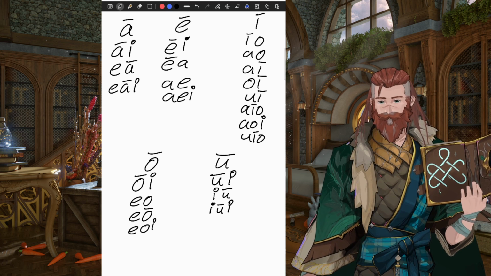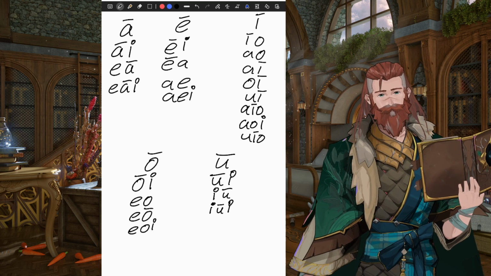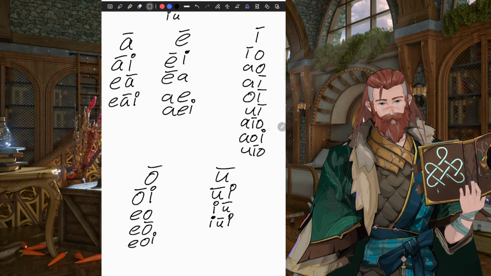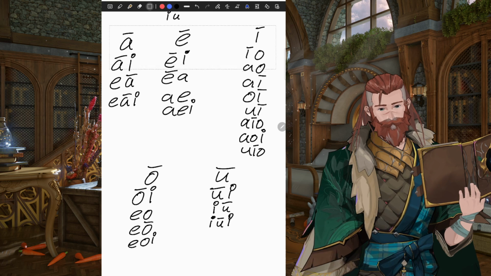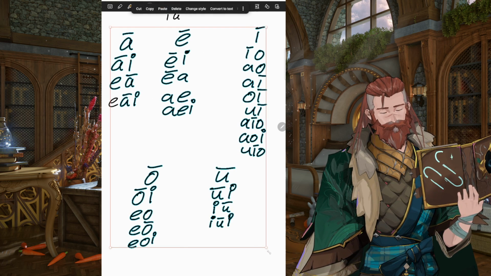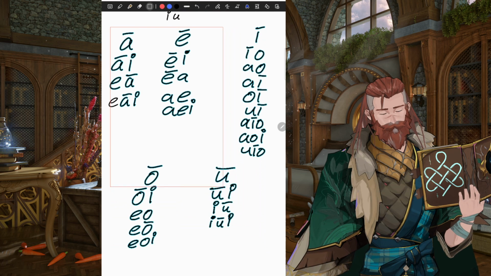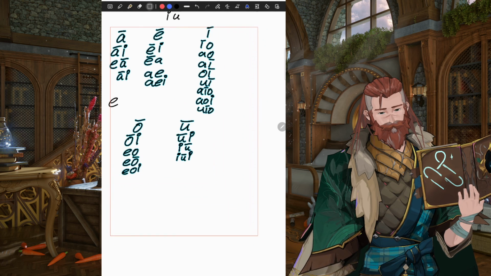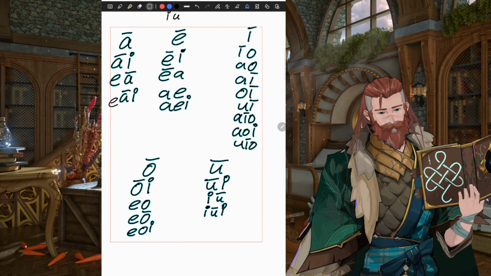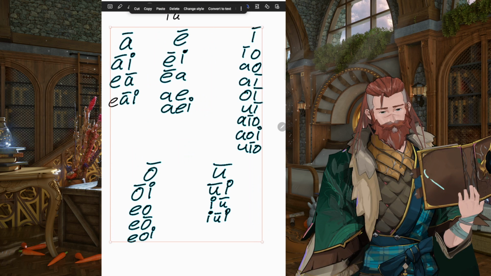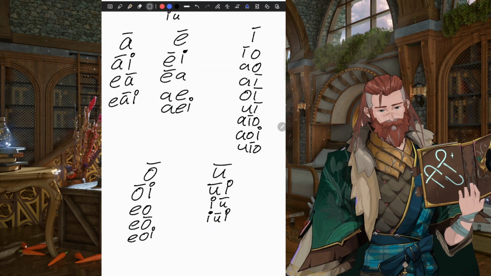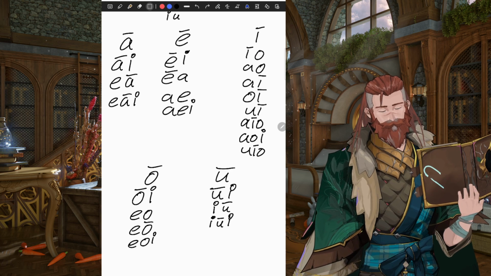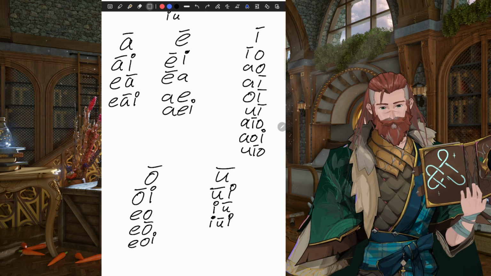Coffee. I messed something up there. Okay, there we go. Let's try that again.